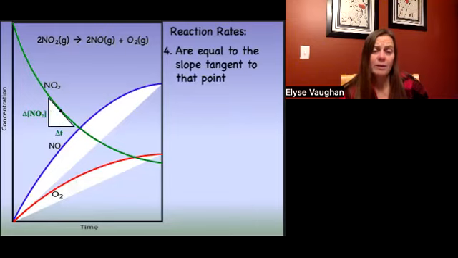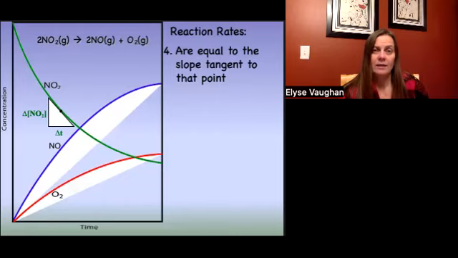So what are some of the things that cause a reaction to go faster or slower? So if we go back to this idea of effective collisions, in order for a reaction to happen, it has to have sufficient energy, it has to have the correct orientation, and we have to have collisions.